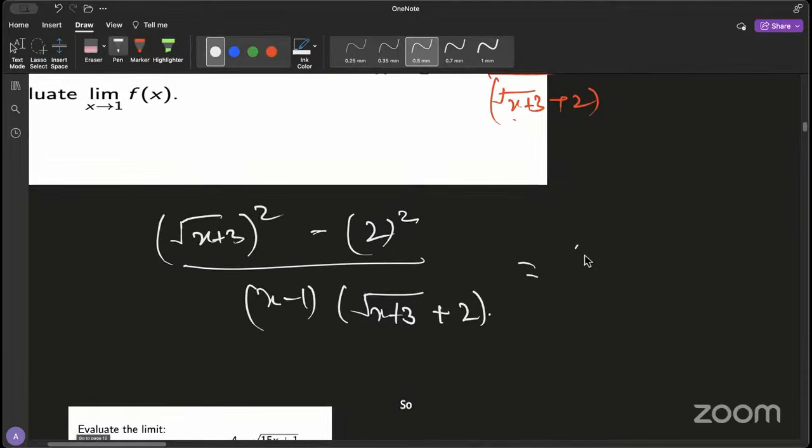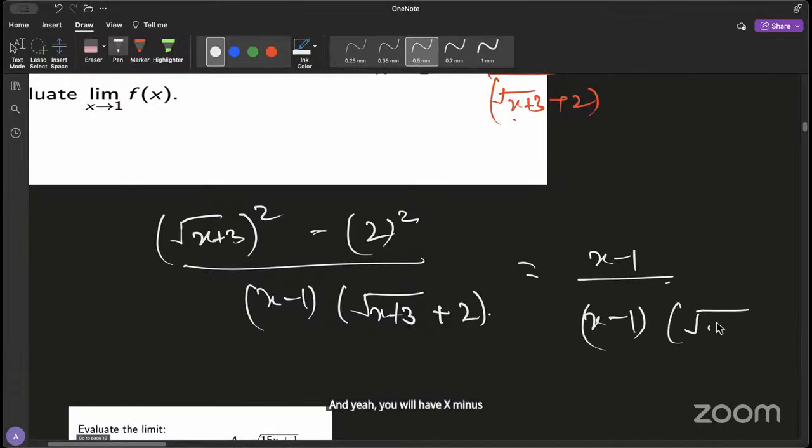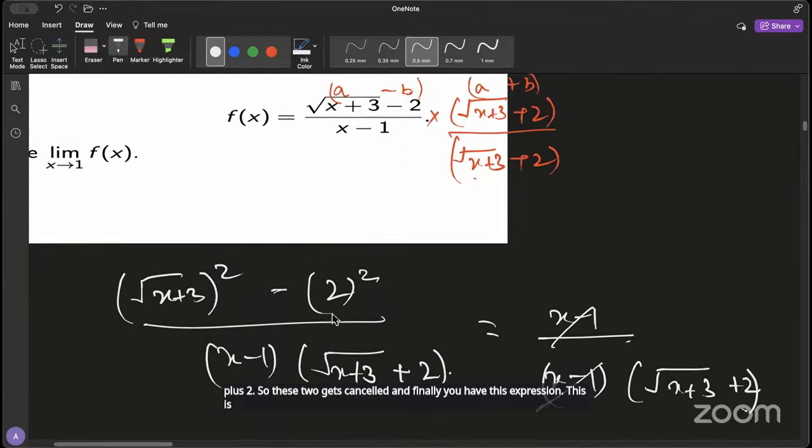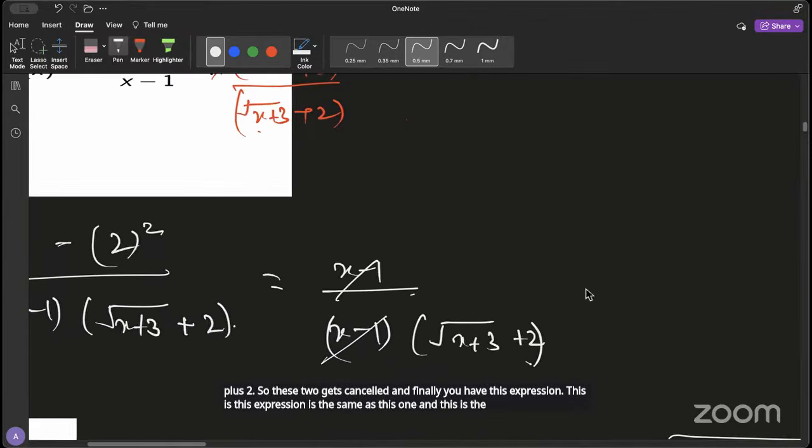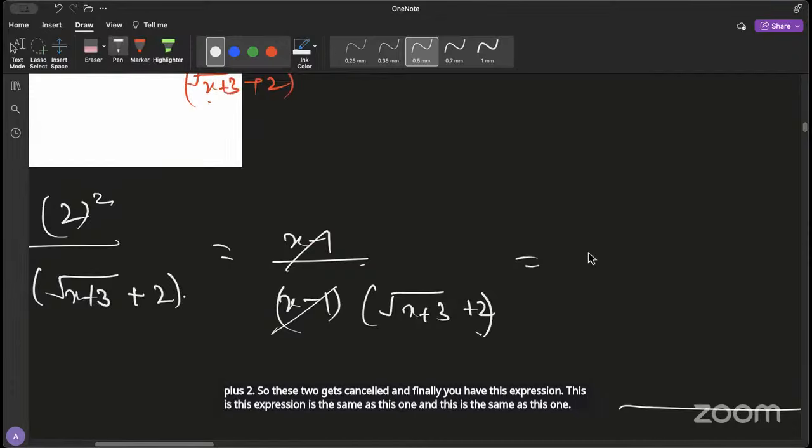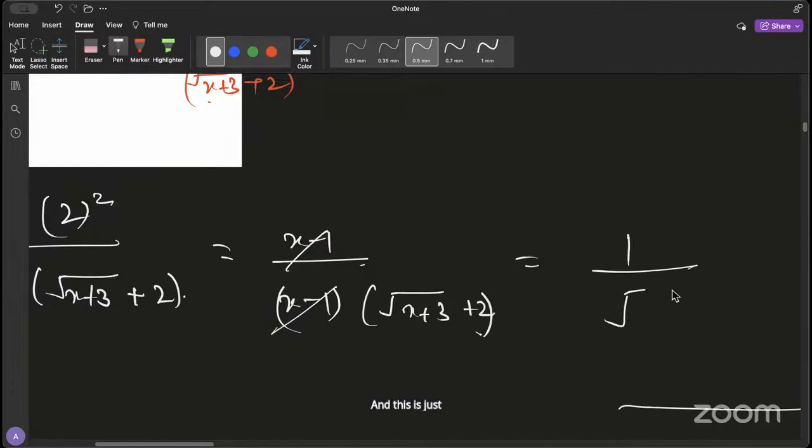So this gives us x plus 3 minus 4, which is just x minus 1. Here you have x minus 1 and square root of x plus 3 plus 2, so these two get cancelled. Finally, you have this expression, which is just 1 by square root of x plus 3 plus 2.